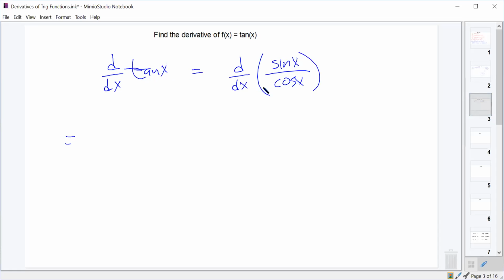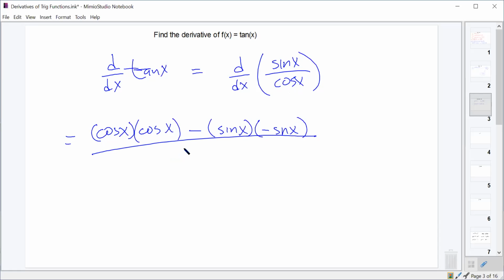So the derivative of a quotient is the denominator times the derivative of the numerator, which is cosine x, minus the numerator times the derivative of our denominator, which is negative sine x, all over our denominator squared, right?